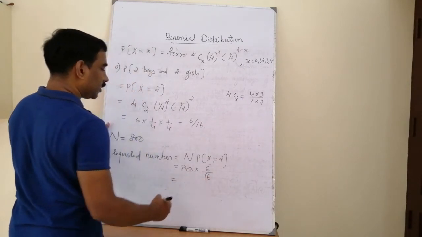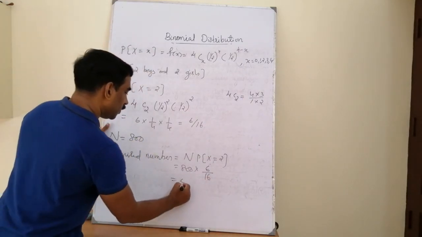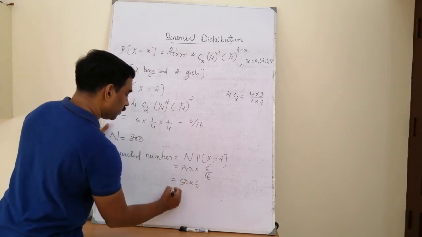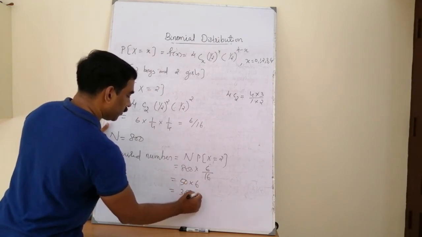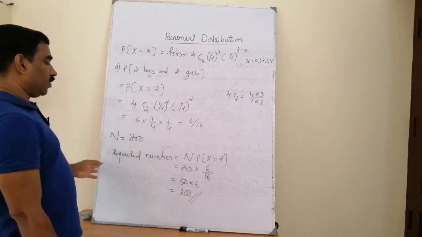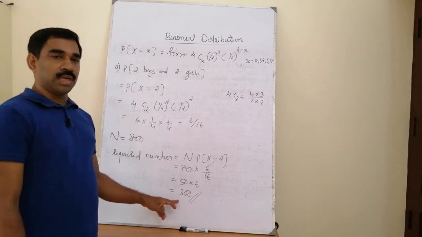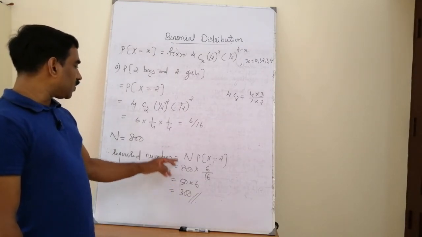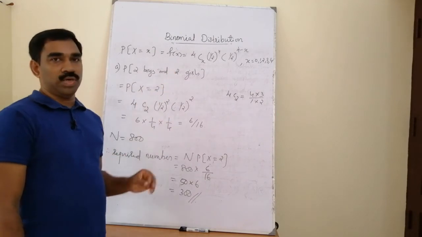We can cancel that 16 with 800, that is 50 into 6 equals 300. That is, out of 800 families with 4 children, in 300 families we can have 2 boys and 2 girls.